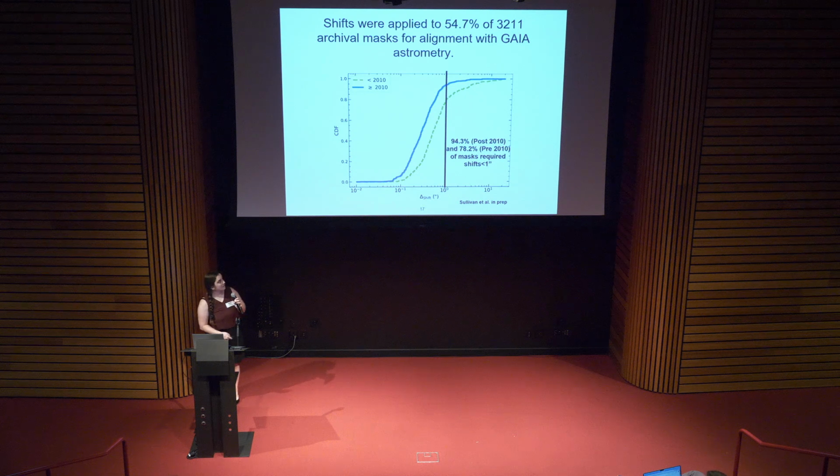So not a drastic correction, but enough of a one that you're going to want to make sure that you actually correct for it. You can also see in this plot more recent masks require smaller shifts, which makes sense since the more modern astrometry that would have gone into those is probably going to already be in better agreement with the Gaia astrometry.